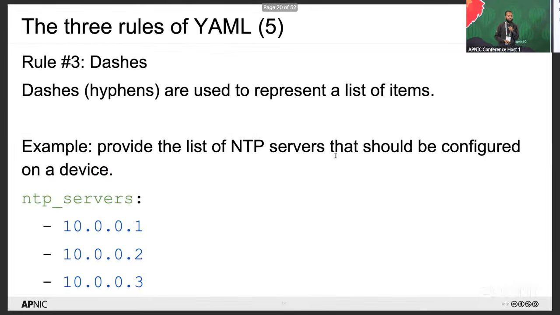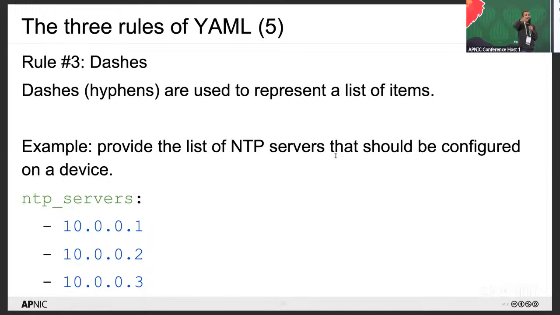Next rule is dash. That's when you do a list of information for a certain key. So here, let's say I have 3 different NTP servers. It could be IP addresses, and probably you have already seen in Ubuntu, probably after 18.04, that the interface configs are also YAML.